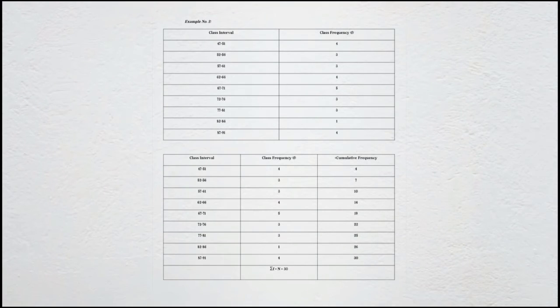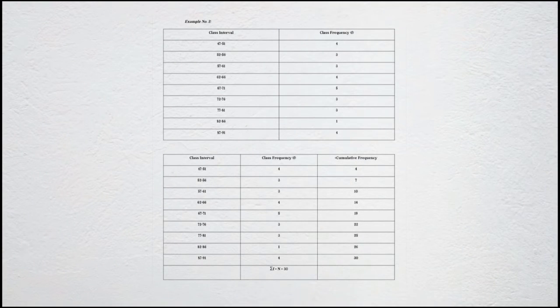Example number 2. We have the table for class interval and class frequency. So now let's construct the table for less than cumulative frequency. So how to get the less than cumulative frequency? Write the first number and then simply add the second value of the class frequency.